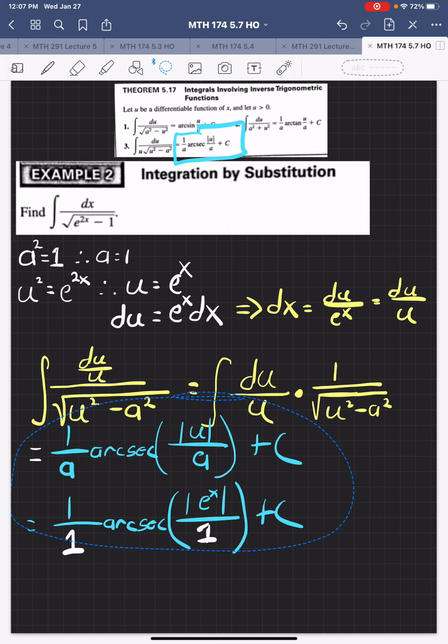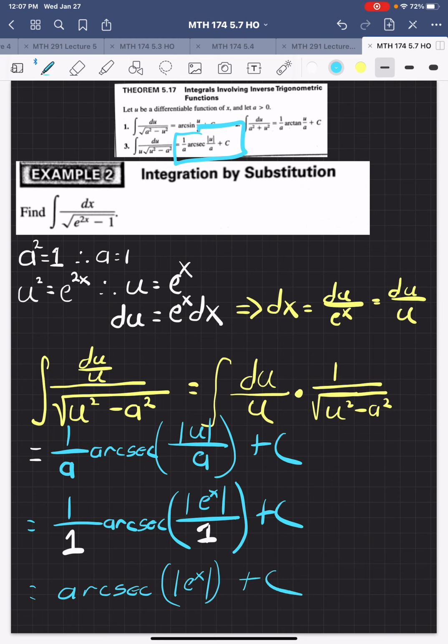I agree with you, there's no need to have those ones. So 1 divided by 1 is just 1. So this is just arc secant of the absolute value of e to the x, plus c. There's no need to even have the absolute value because that cannot be negative. And we're done.